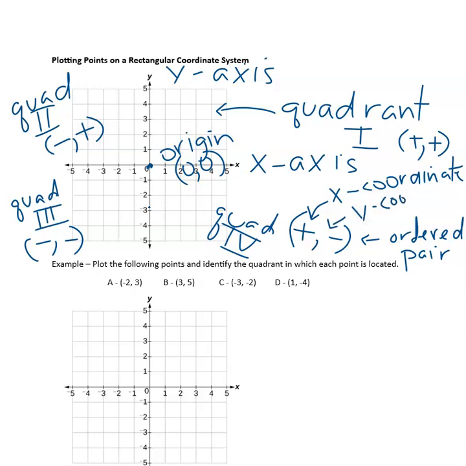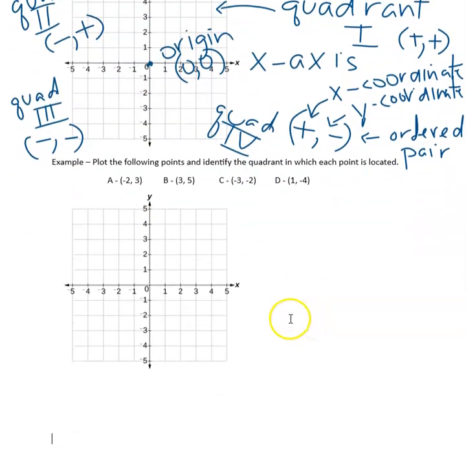And remember, x always comes first and y always comes second. Now, what do these values or coordinates tell us? Well, they tell us how far to move from the origin in order to find the location of the point itself. So let's go down here and look at our example of where we are actually going to be plotting some points.